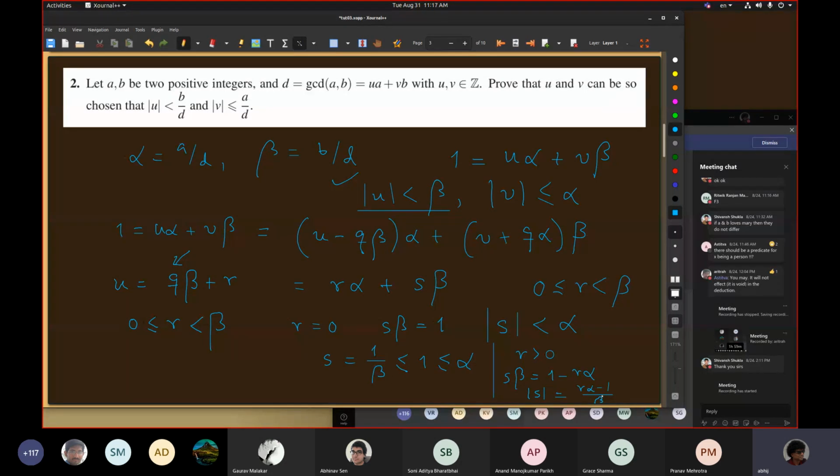Okay. Then what do I do? This is certainly less than R alpha by beta.